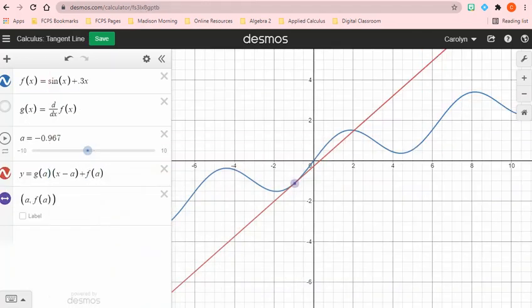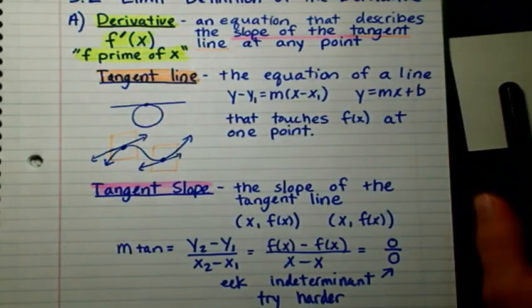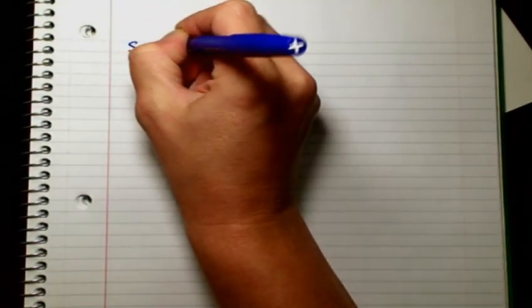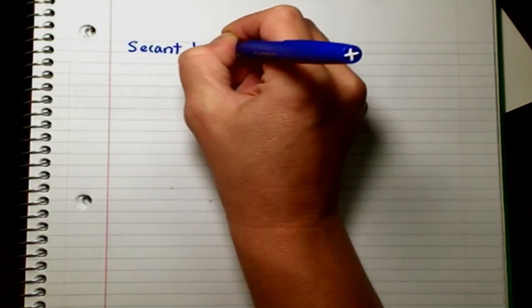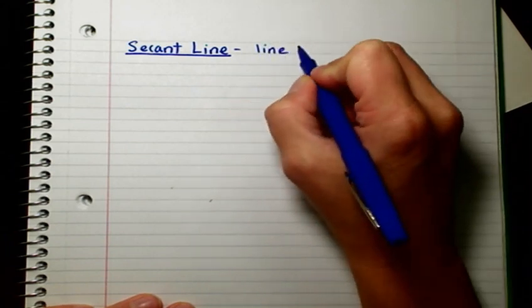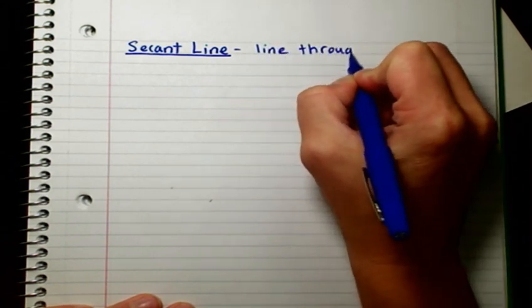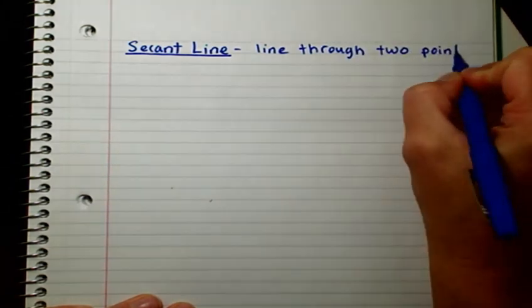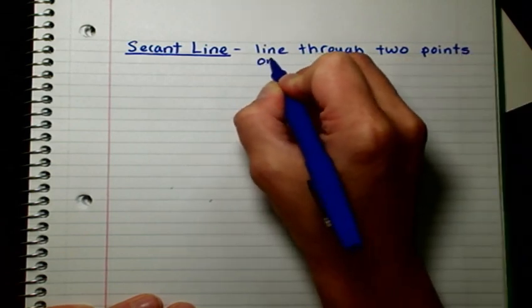So let's flip back to your notes. I'm going to flip my page because I'm out of space. And we're going to write 2 more definitions here. All right, secant line. Secant line is a line through 2 points on the graph.